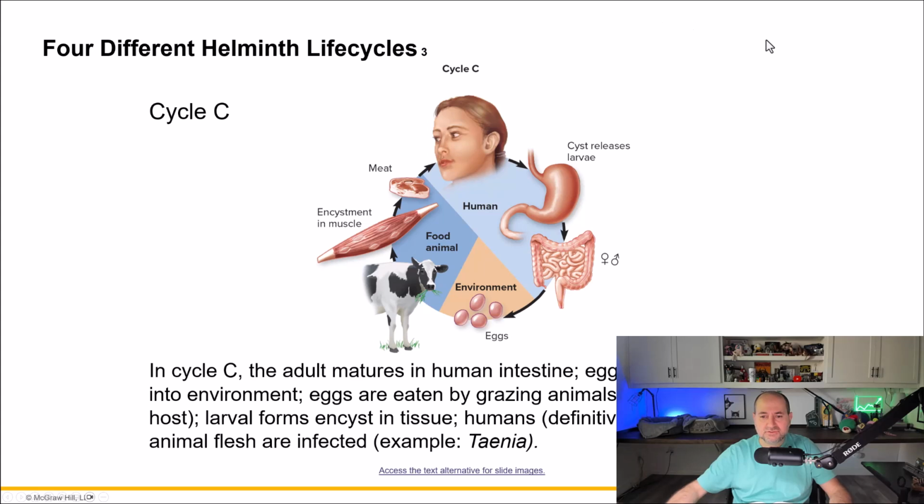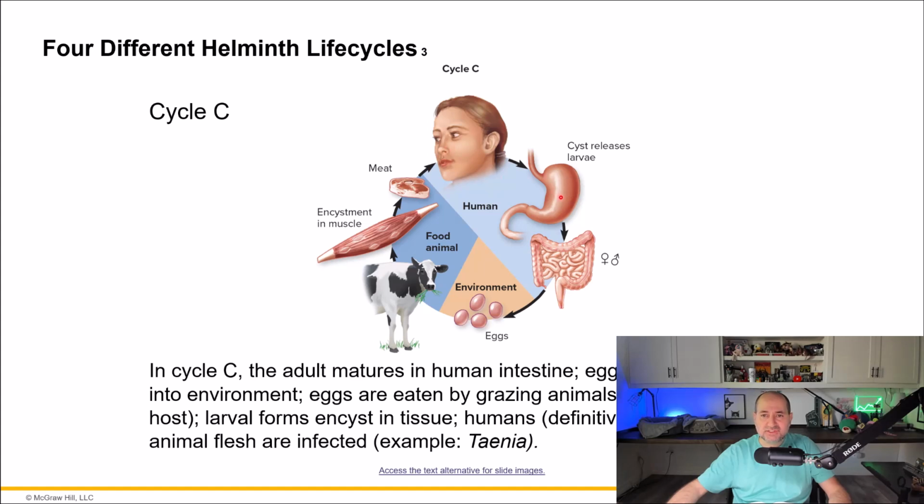All right, here's cycle C. A human eats contaminated meat that contains cysts from a worm. An example here is Taenia, or the tapeworm. So this poor person is about to eat tainted meat that's full of tapeworm cysts.